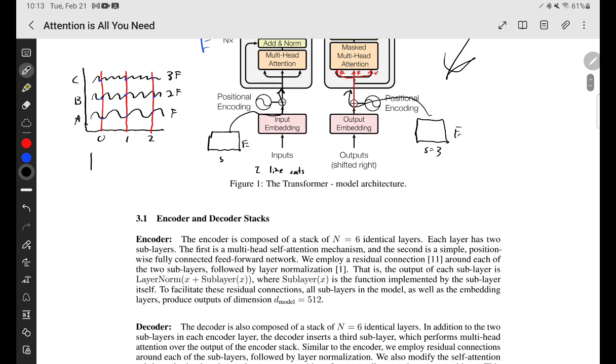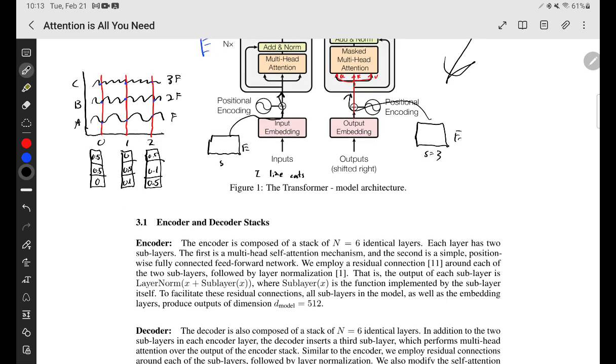So at position 0, you may have, I don't know, maybe 0.5, maybe that's also 0.5, 0. And then you do the same for this one. Maybe that's 0.5, maybe that's 0, 0.1, and 0.1, 0.5. So you have these 3 vectors.